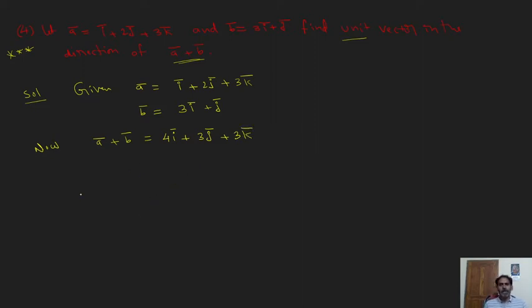Unit vector in the direction of A bar plus B bar, formula: unit vector in the direction of A bar plus B bar equals given vector A bar plus B bar by magnitude of A bar plus B bar. This is the formula.